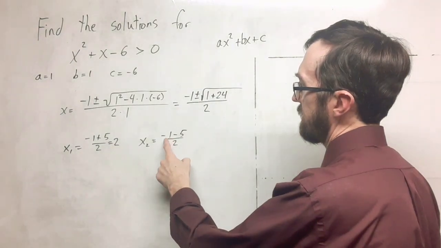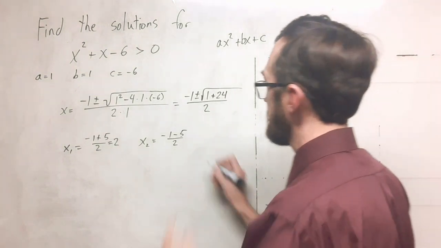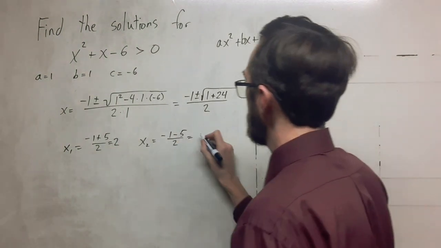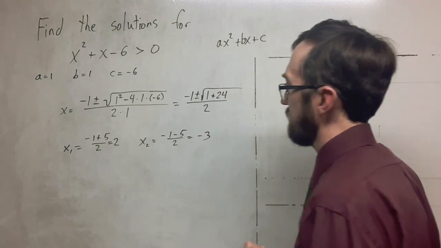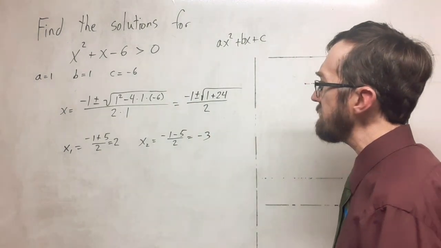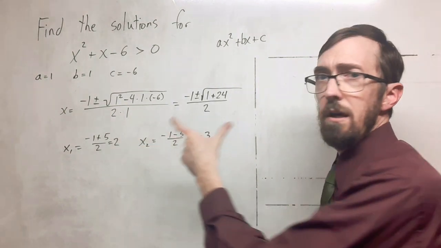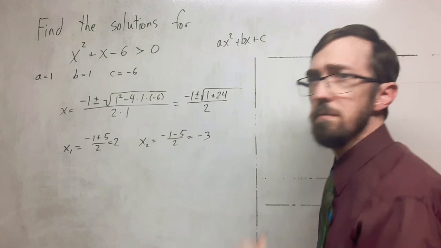Over here, I'm going to have -1 minus 5 is -6, so I end up with -6 divided by 2, giving me -3. These are my two x values here. I'm going to use those in my chart.